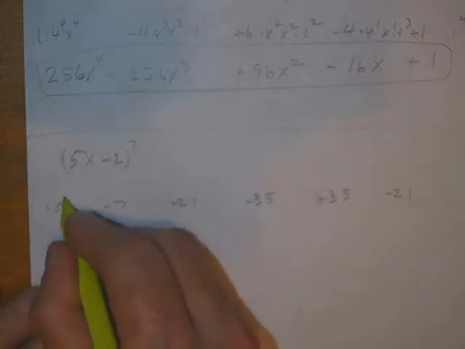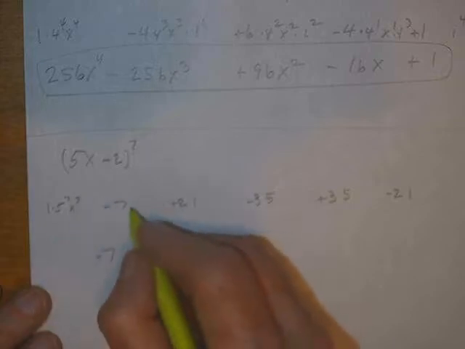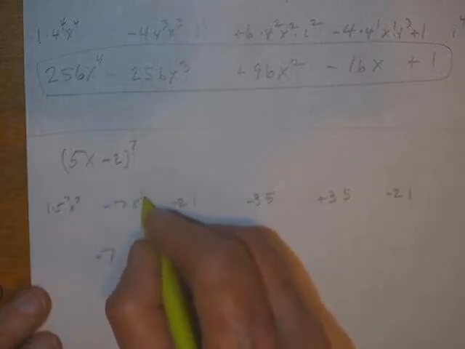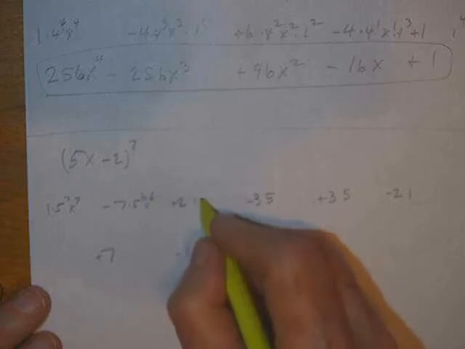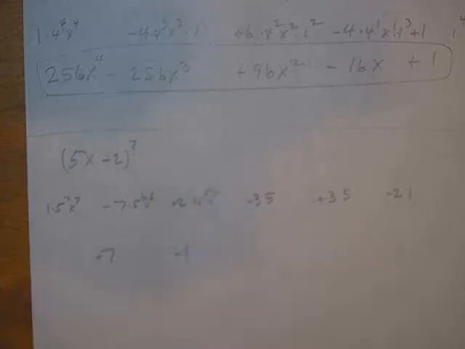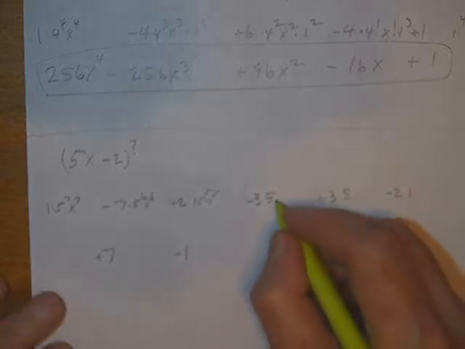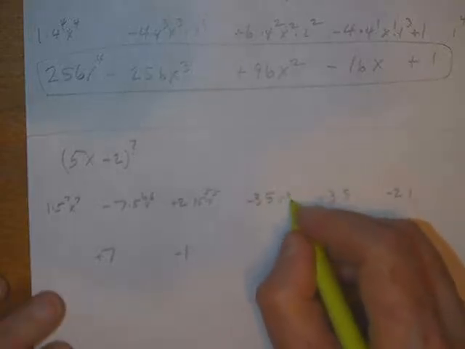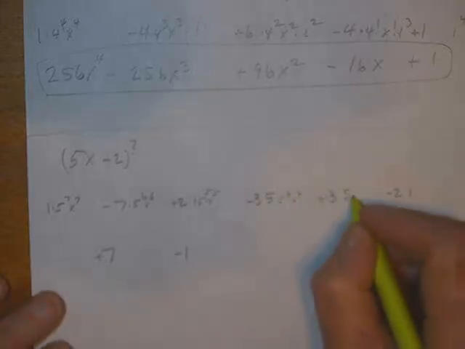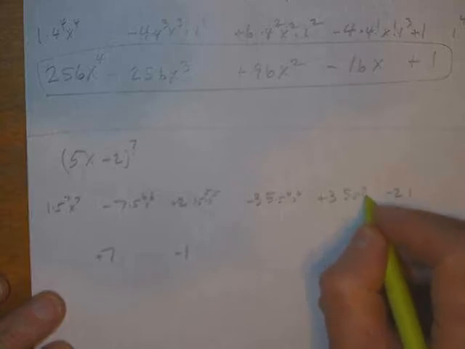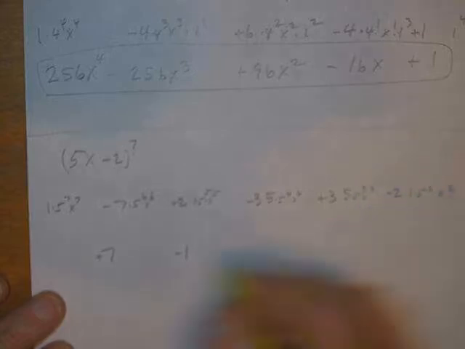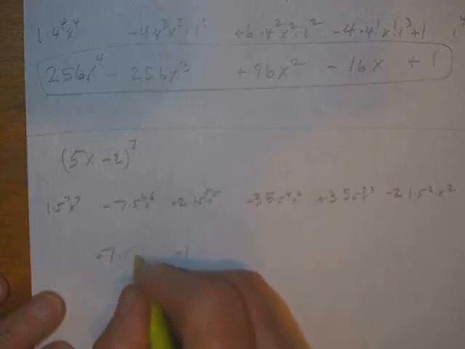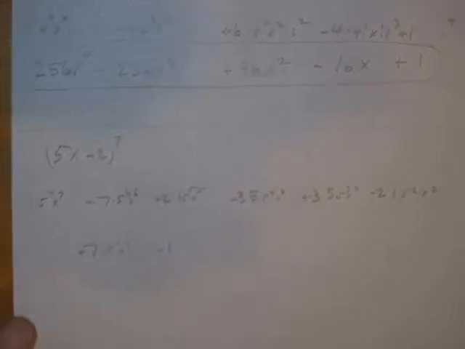And then here I've got 5 to the 7th, x to the 7th, go down one. 5 to the 6th, x to the 6th. 5 to the 5th, x to the 5th. 5 to the 4th, x to the 4th. 5 to the 3rd, x to the 3rd. 5 squared, x squared. 5 to the 1st, x to the 1st.